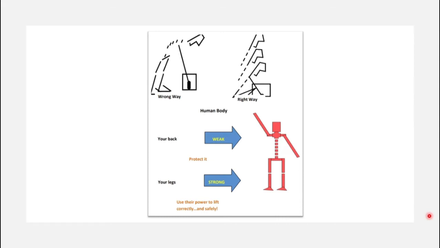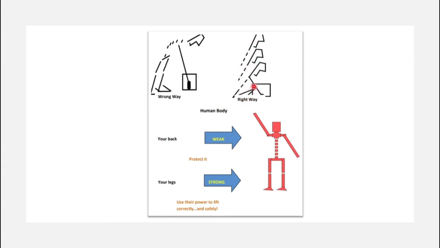Next naman sa picture, ito napakita dito na itong ginagawa niya ay isang wrong way sa pag-lift ng object. Dito, ito naman yung right way. Dapat straight yung likod.